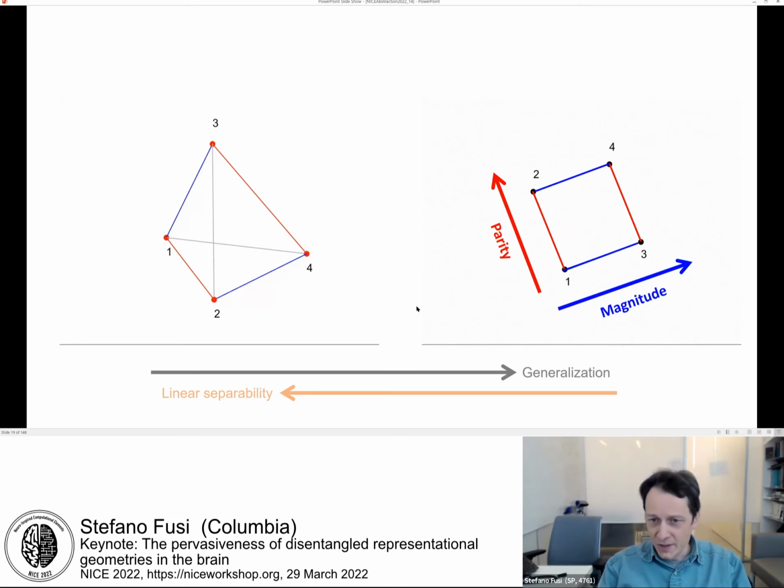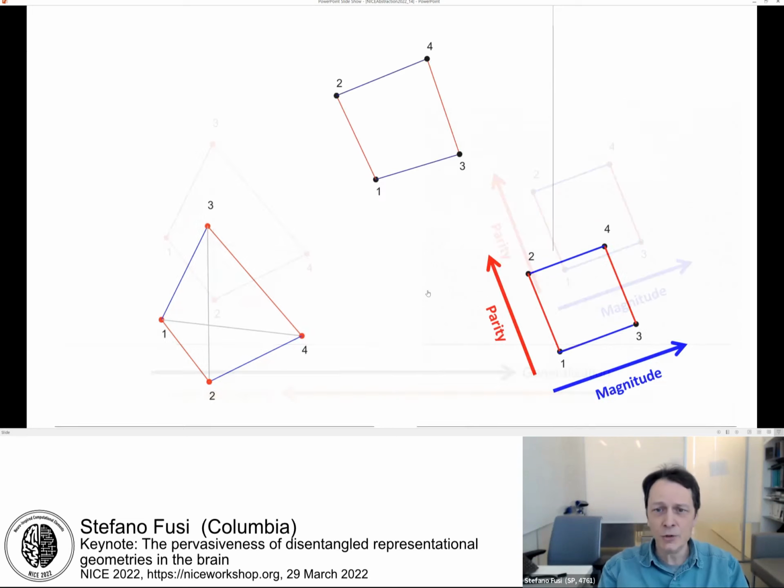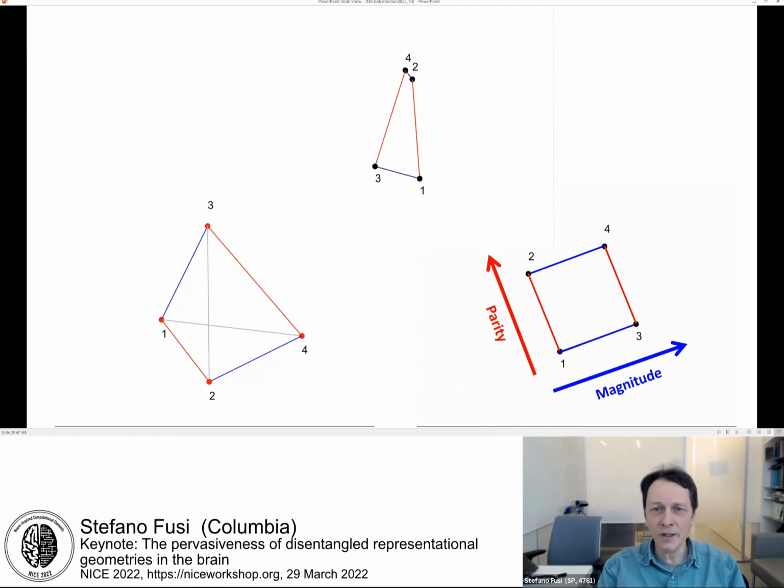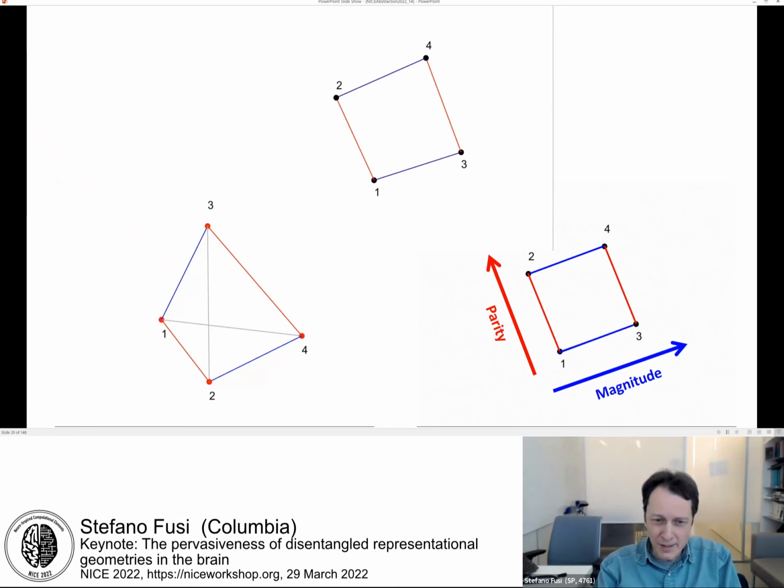Now, the kind of representations that we actually see in the brain, and that's something I'm going to show you in a second, are neither this nor this kind of representation, but something intermediate. So you basically have some kind of low dimensional scaffold, as in this simple case that I'm illustrating here. And then you have some nonlinear distortion. Okay, so you see here it's really tilted. And so these kinds of representations are a really nice compromise.